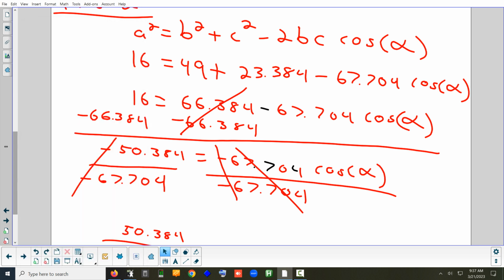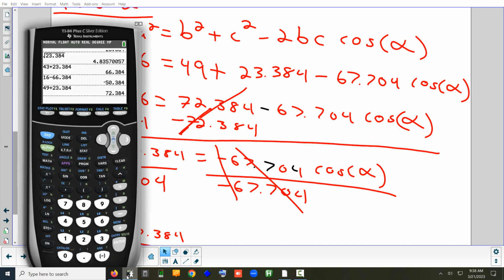72.384. So the 66 right here should be a 72, which means you would have then subtracted a 72. That's still gone, but now I need to do 16 minus 72.384.